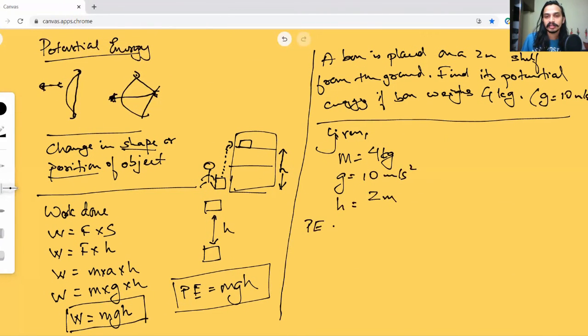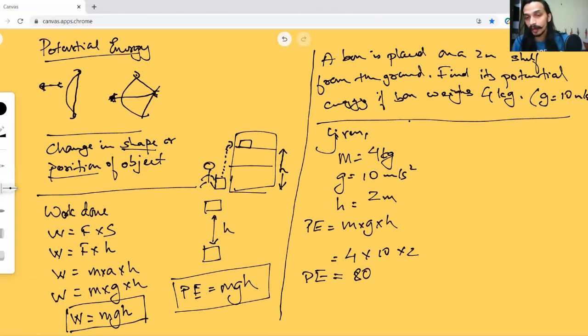So my potential energy is simply m into g into h. It's nothing but 4 into 10 into 2. 4 tens are 40, 40 into 2 is 80. So my potential energy is nothing but 80. But 80 what? What is the unit for this potential energy?